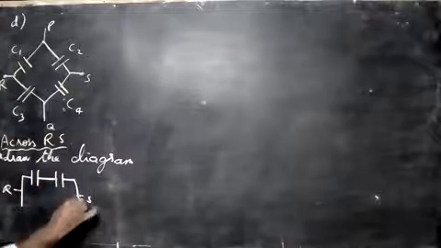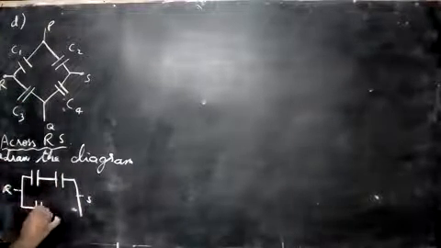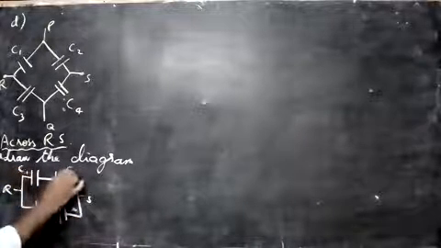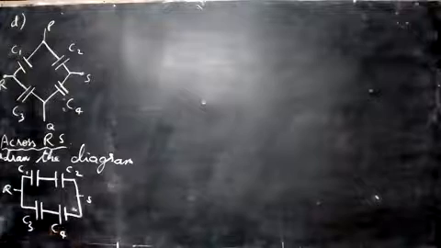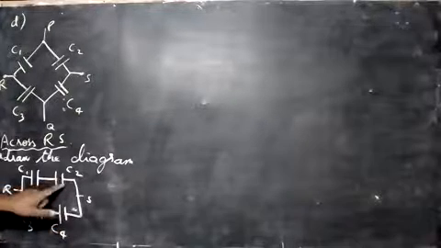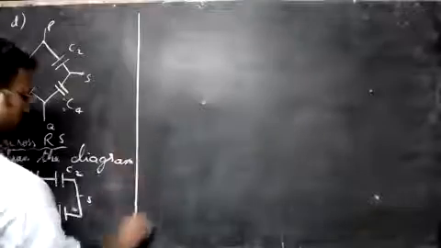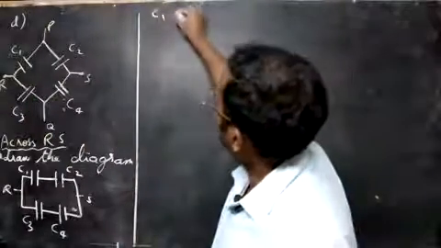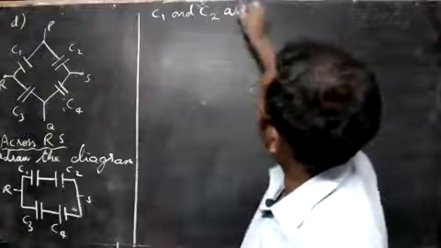Then C3 and C4 are down. So this is C1, C2, C3, C4. C1 and C2 are in series, so we'll just draw this down.